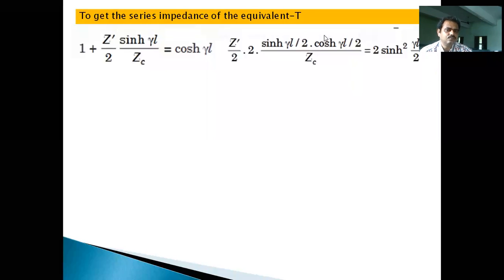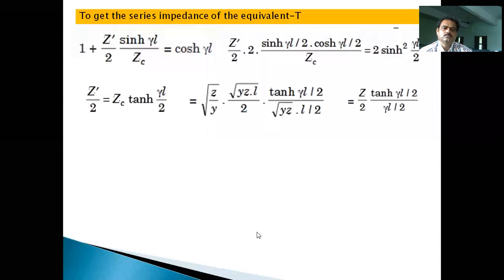Again, these are the same two formulas I am repeating here, so that's why I have not given them separately. Simply, cosh theta minus 1 can be written as 2 sinh square theta by 2, and also sinh theta can be written as 2 sinh theta by 2 cosh theta by 2. Here theta is replaced by gamma.